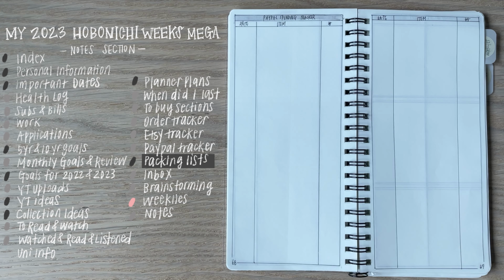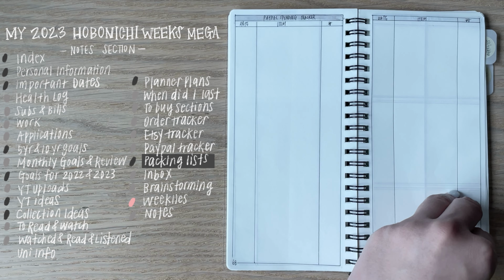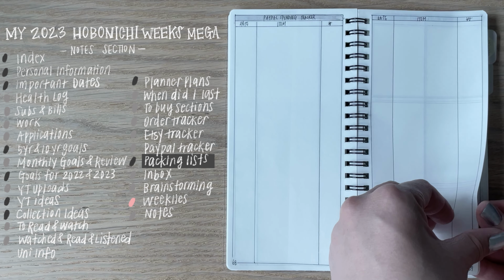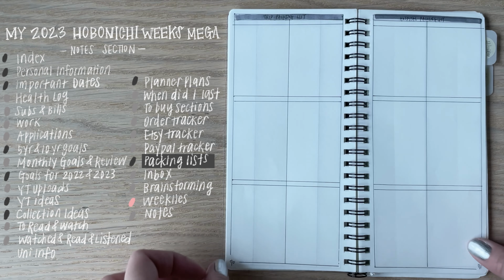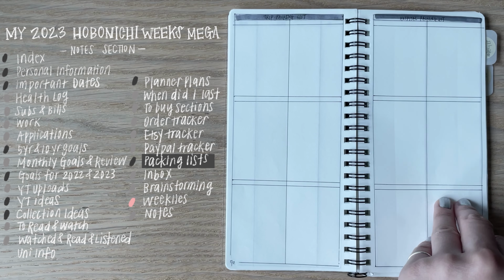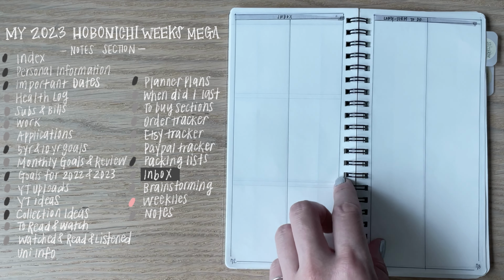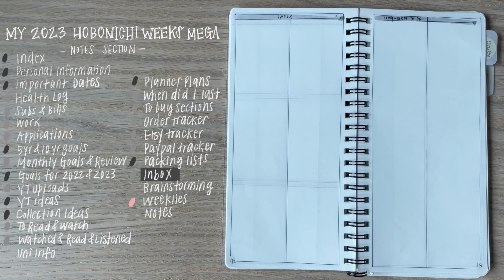And the next section is my trip packing list and a hospital packing list, which is self-explanatory. I do have a trip packing list currently in my regular. And the next section would be my inbox, which is like long-term to-do lists.